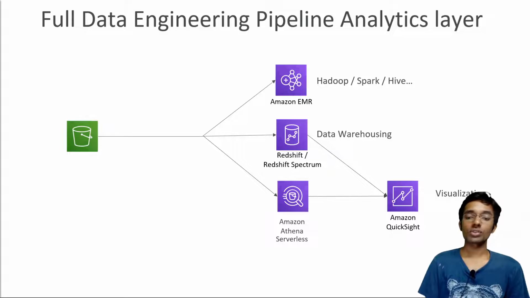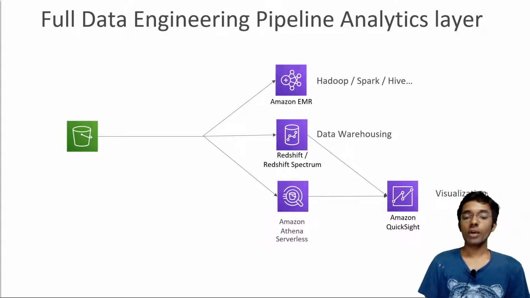And if you are using more AWS native tools such as Redshift, you could use Redshift and Redshift Spectrum to do data warehousing and query the data either directly on the S3 through Redshift Spectrum, or load it first into the Redshift warehouse and perform queries using SQL.